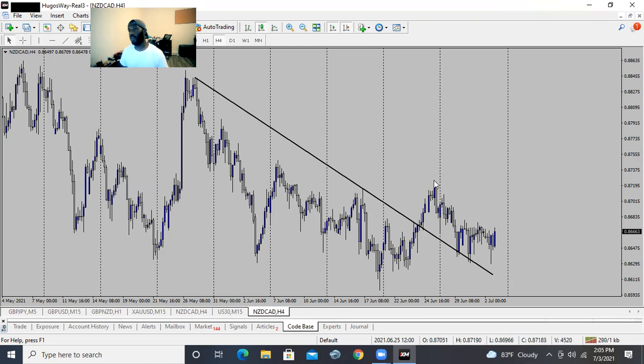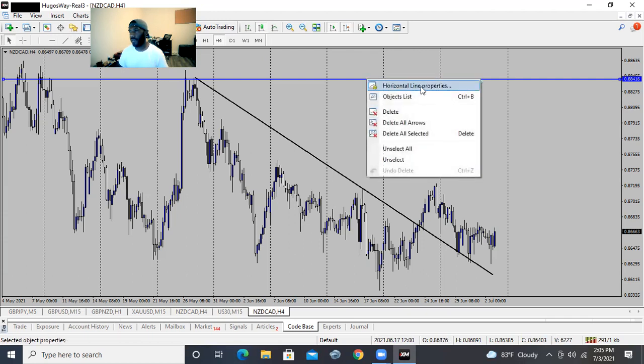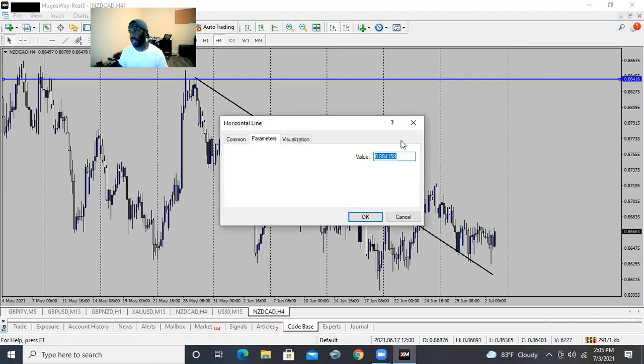We had a breakout to the upside, and now we are retesting these lows once again. I would say that the market is going to come back up to retest this 88.5 and potentially break through that.